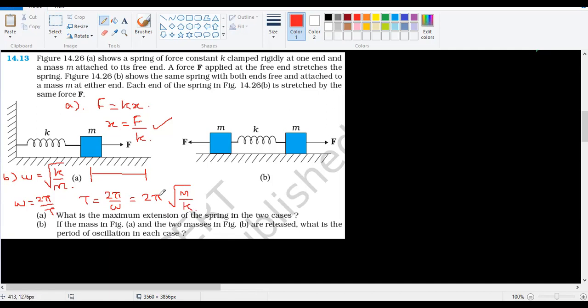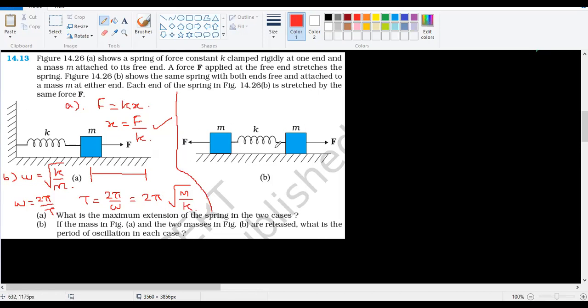That means as mass increases, the time period will also increase, meaning it will start moving slowly. For direct formula application, nothing very difficult here. This is something which you already studied.